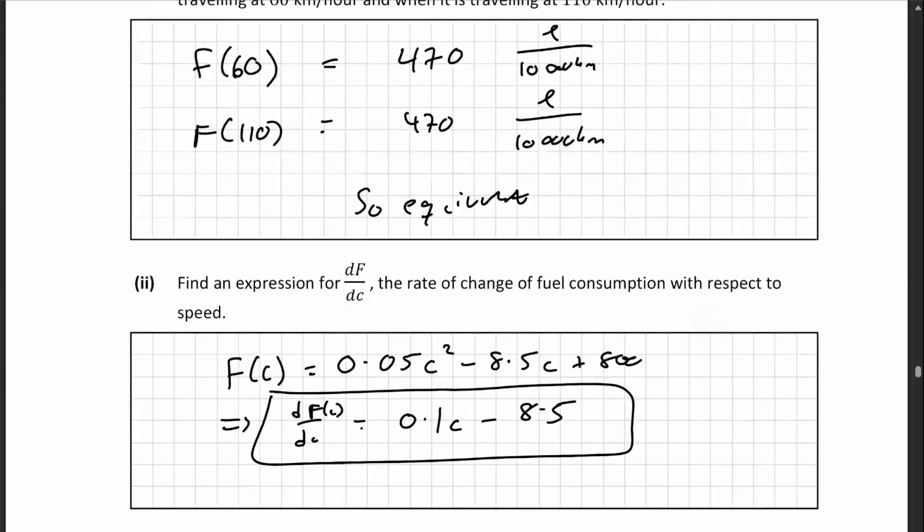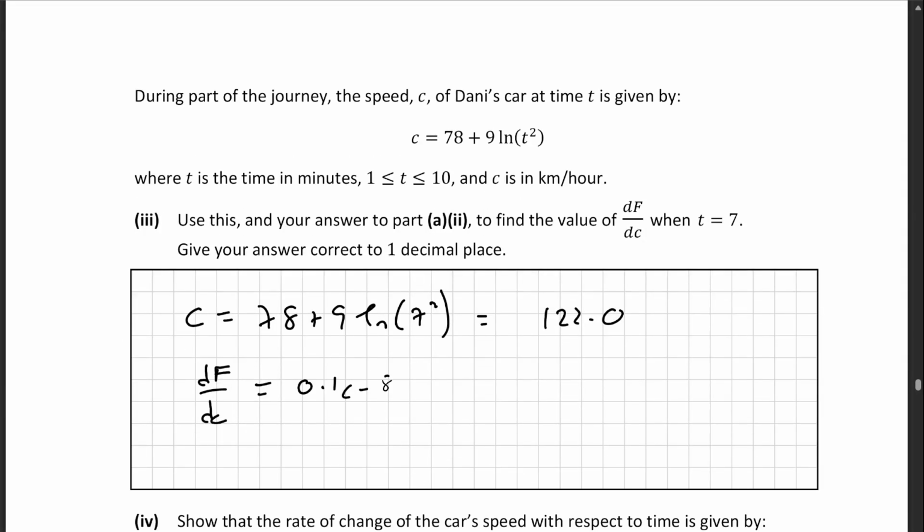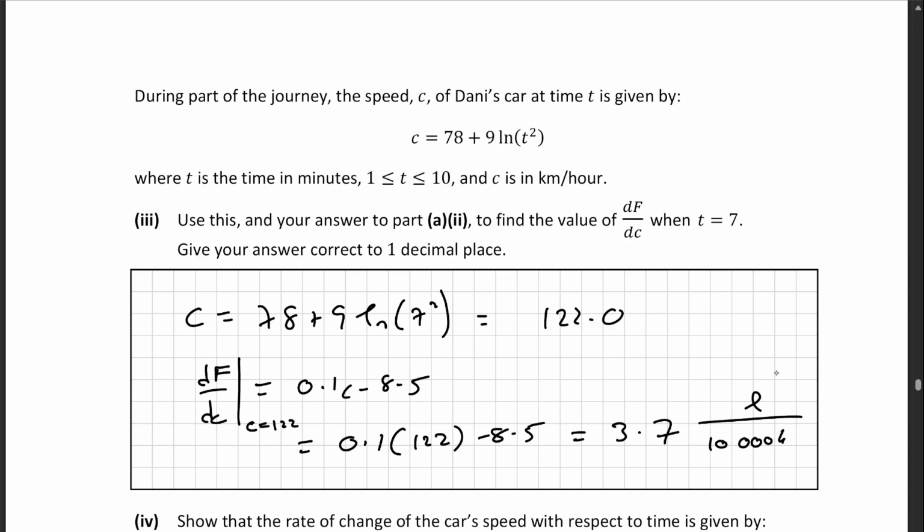So DFDC is 0.1C take away 8.5, but evaluated at C equals 122: 0.1 times 122 minus 8.5, which is 3.7 litres per 10,000 kilometers per kilometer per hour.